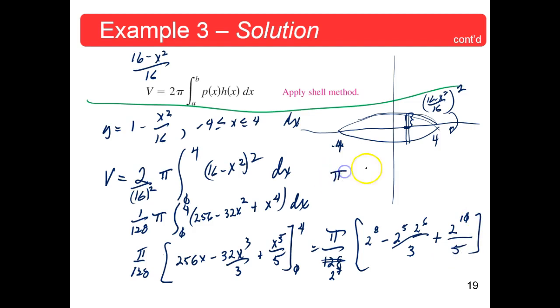That's going to be pi over 2 to the 7th. Now let's see what we've got here. The common factor here is 2 to the 8th times 1 minus, this will be 2 to the 11th.